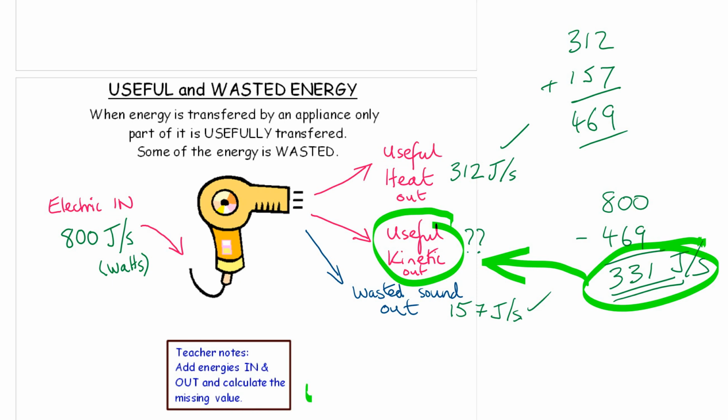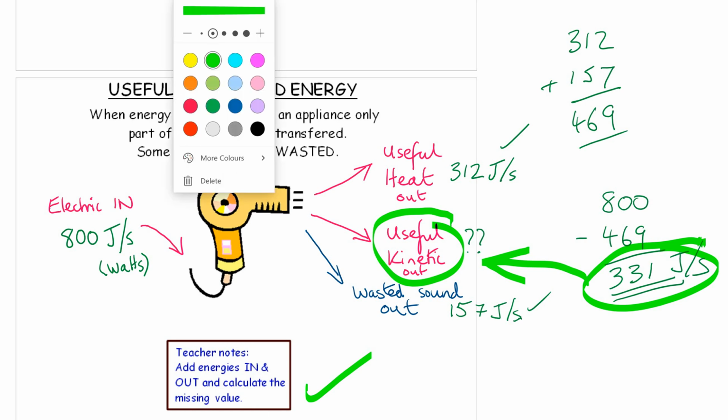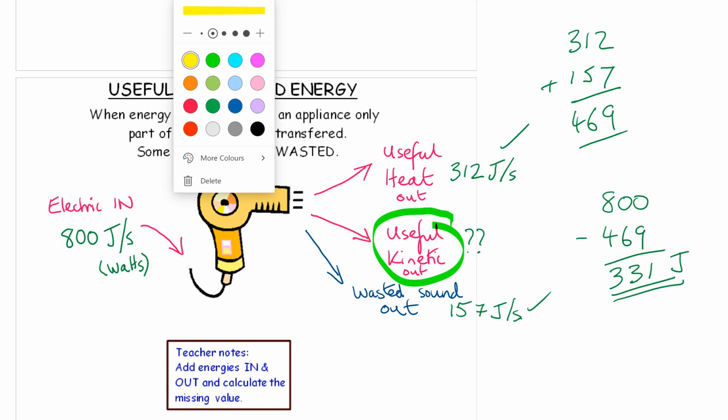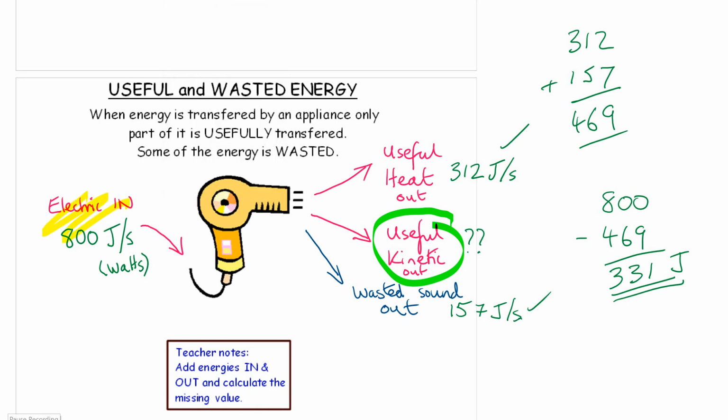So, done. I've added in the energies in and the energies out. What you should understand, and this is the absolute basics now, is this: the energy that went in equals all of the energies out.